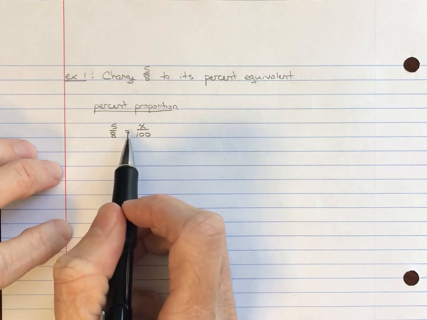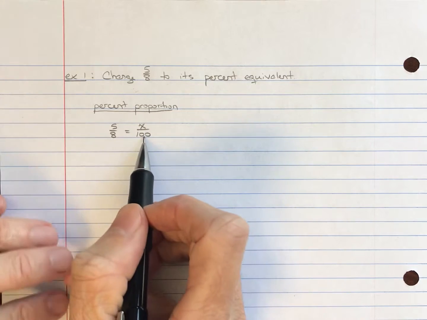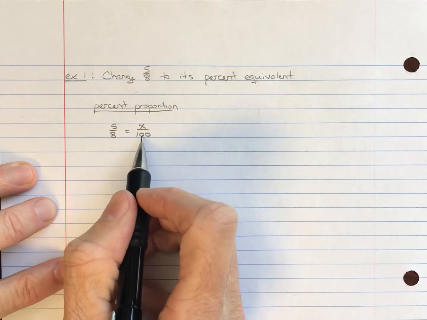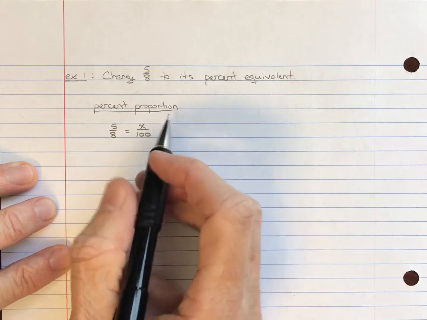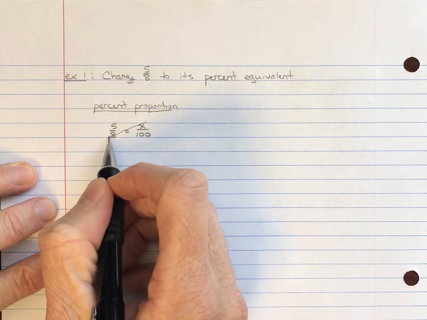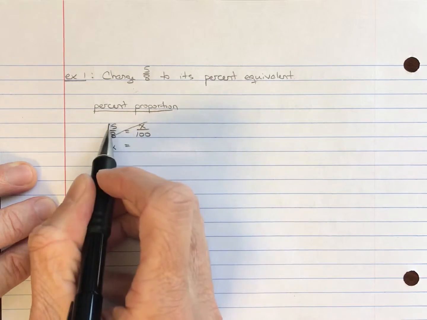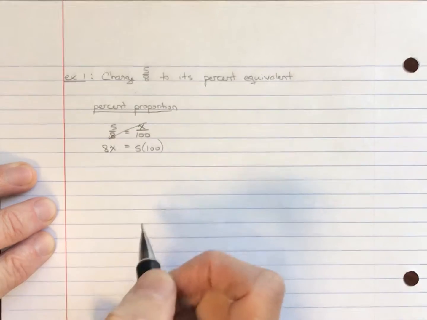The fraction is equal to something out of 100, because percent is always out of 100. And we know that if two fractions or two ratios are equivalent, they form a proportion and the cross products are equivalent. So we'll cross multiply 8 times x. We'll cross multiply 5 times 100.